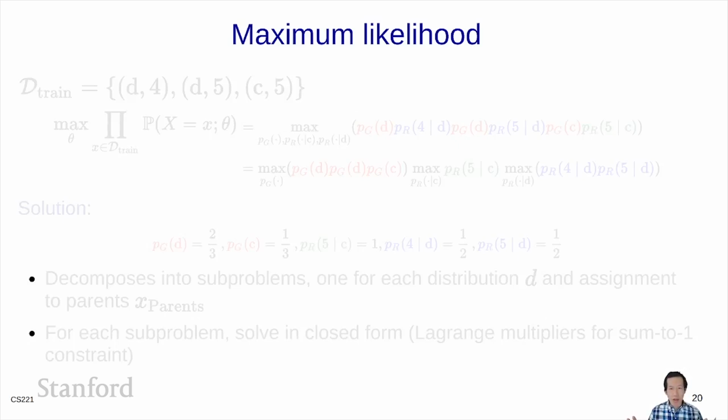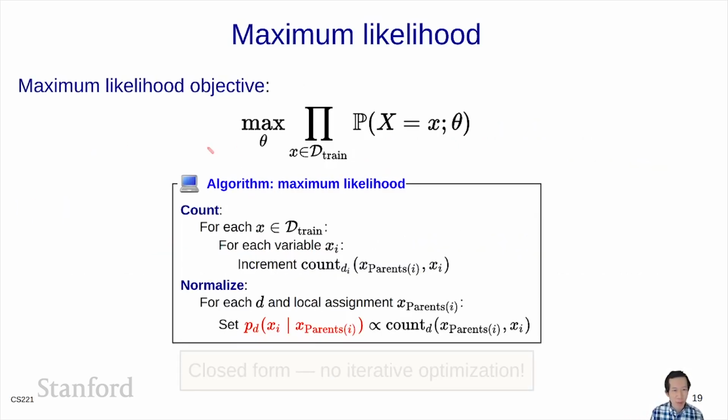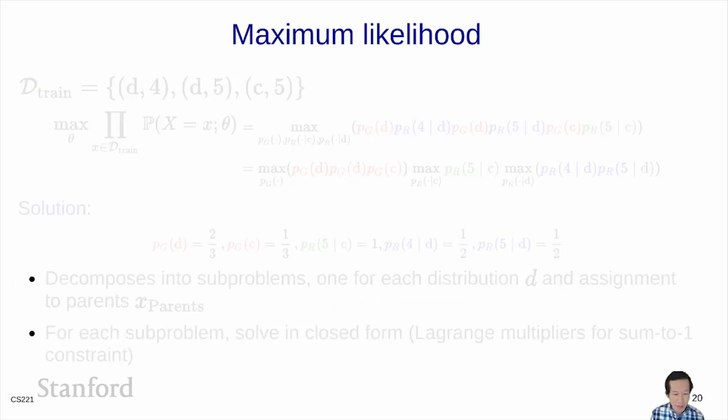All right, so I haven't justified why the maximum likelihood principle leads to the count and normalize algorithm, but let me just provide you a little bit of a taste of why this might be the case. So let's take this small data set, D4, D5, and C5.